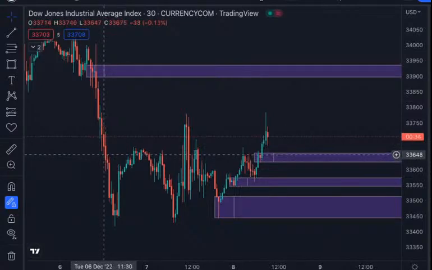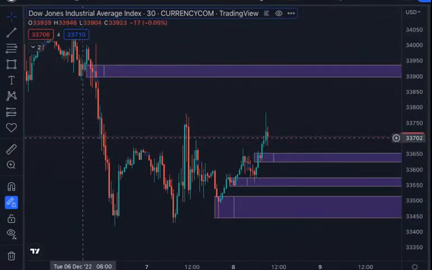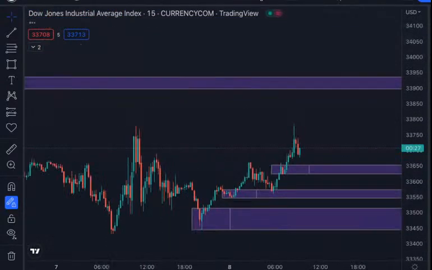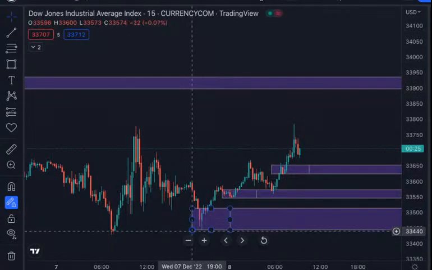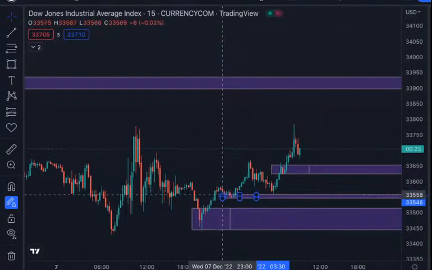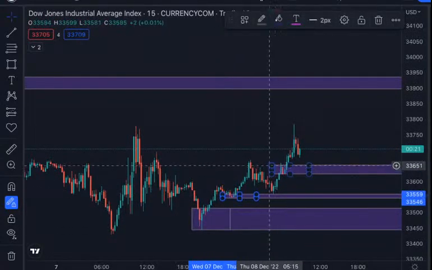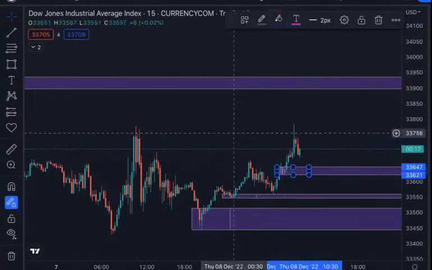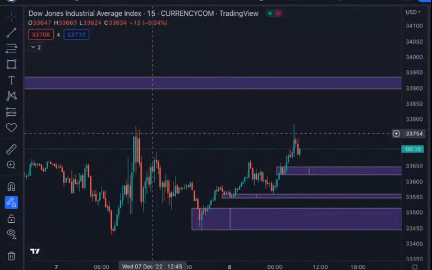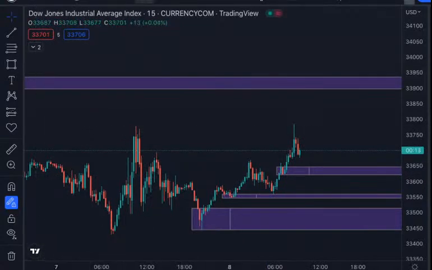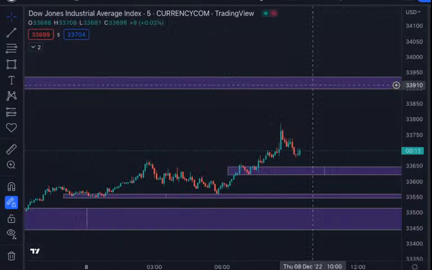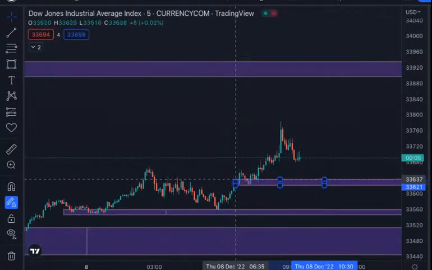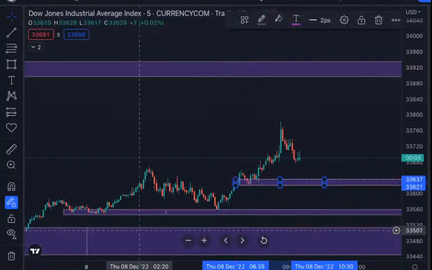I'm waiting for my boy Ant to hop on with us. Let's clean this up a bit. I'm just looking for some levels that price might try to retrace to before finding a true direction it wants to go in. And market is about to open, people.